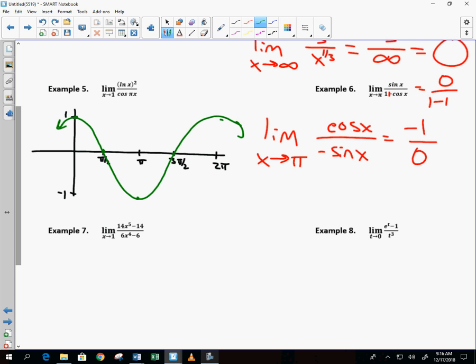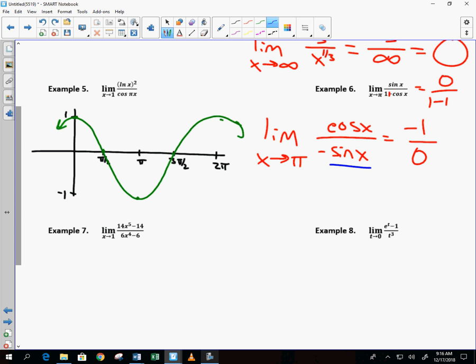Everybody good with that? Did I lose anybody there? We switched the problem to be positive. Okay, and then I have negative sine of x I'm considering.